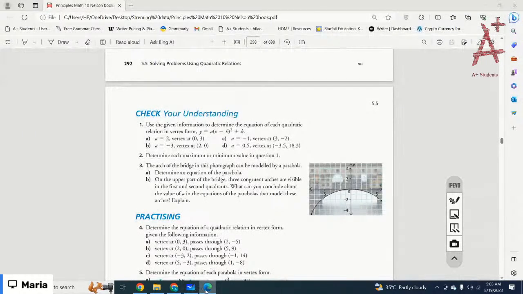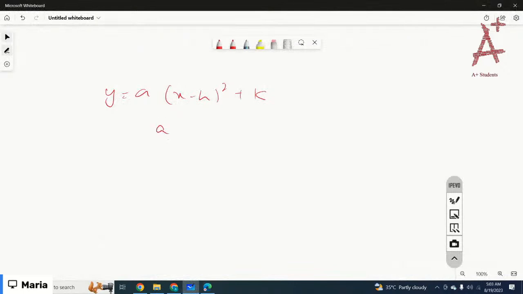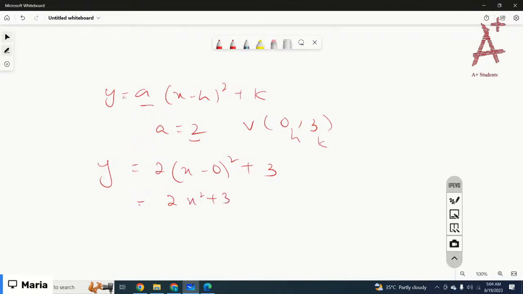A equals 2 and vertex equals 0, 3. Just replace the values in the equation. A equals 2, and h and k are 0 and 3. So it would be x minus 0 whole square plus 3, so it would be y equals 2x square plus 3, right?